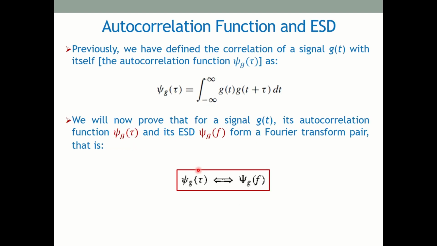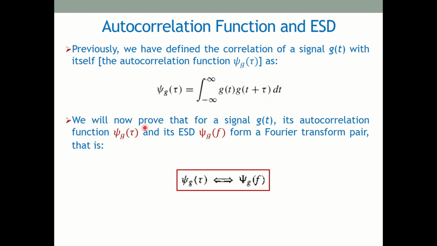Now let's see how it is related to the autocorrelation function. Previously we defined the correlation of g(t) with itself, called the autocorrelation function phi g(tau), and that is equal to this expression, where we have the integral from minus infinity to infinity of g(t) and g(t plus tau) dt.